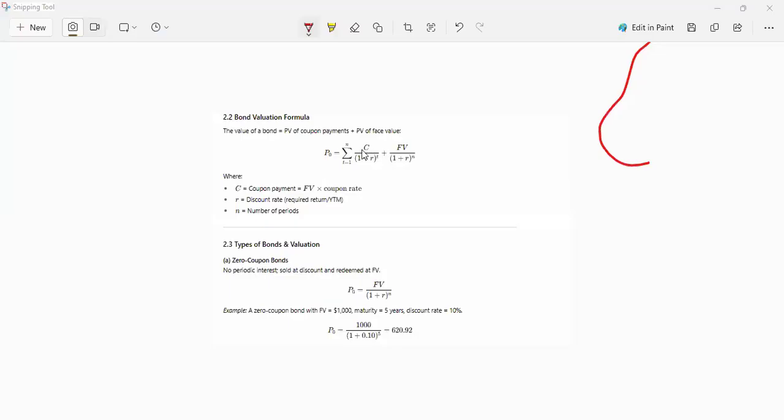Present value is simply the present values of the coupon payments plus the present value of the face value. A coupon payment can be annual, can be semi-annual. So we have the zero coupon bonds and we have the coupon bonds. I stressed that you understand how to calculate when it is compounded semi-annually, when it's compounded annually.